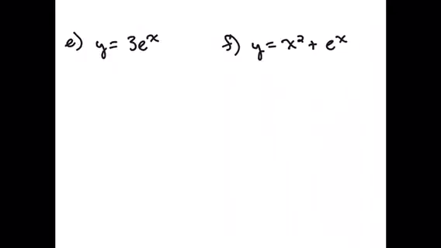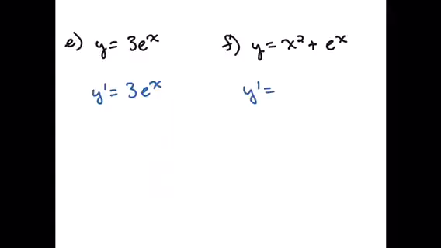Okay, for problem E, we have y equals 3 e to the x. That 3 is just a constant multiple, stays out front, and the derivative of e to the x is e to the x. For F, we're going to do each term separately.